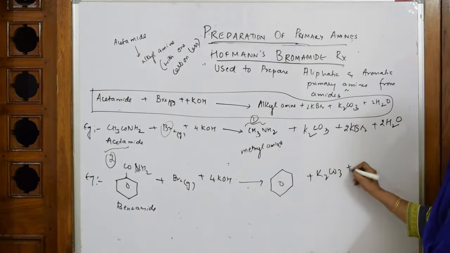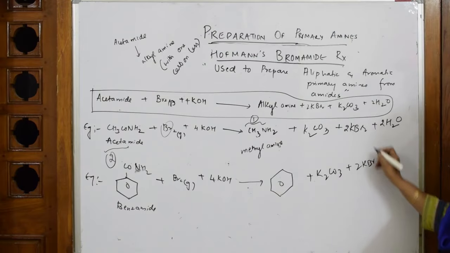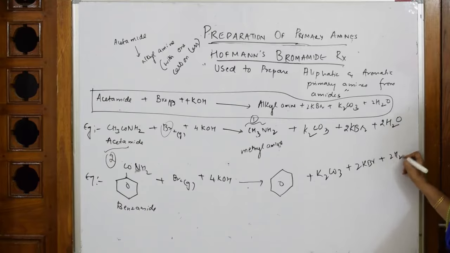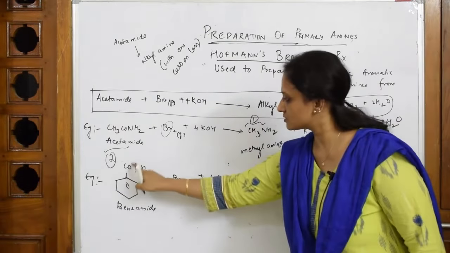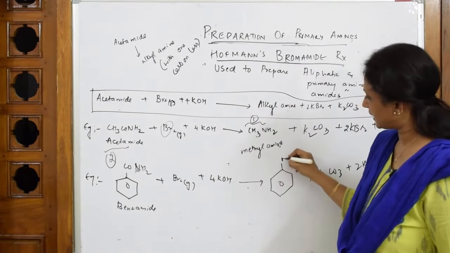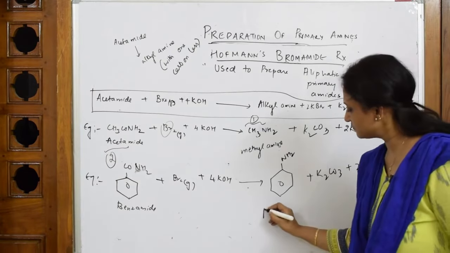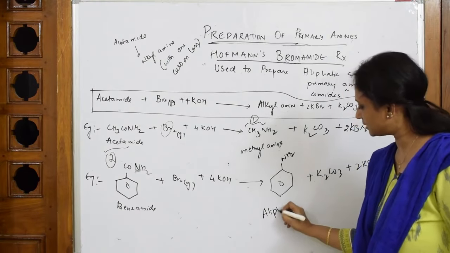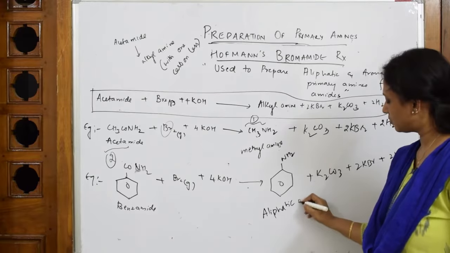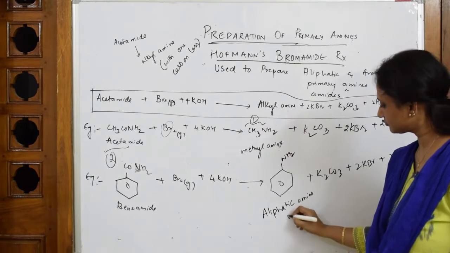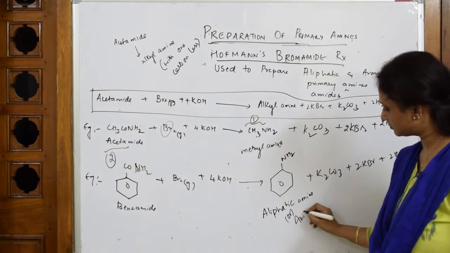Products are the same. 2 KBr. I've explained earlier, isn't it? 2H2O. And the leftover, this is gone. I'm going to get an aromatic amine, so this is aniline. Simple.